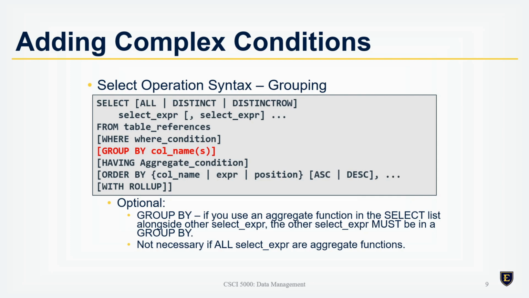Remember, not all statements will have this type of syntax, but certainly if you use an aggregate function like sum or count, and then you include other columns or other parts of a select expression, then that must be part of the group by.